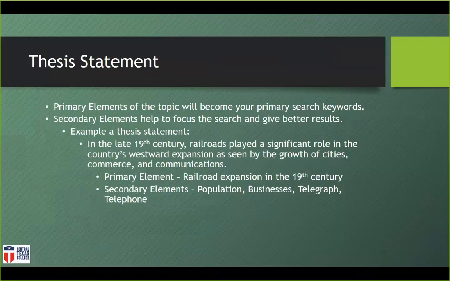In the late 19th century, railroads played a significant role in the country's westward expansion as seen by the growth of cities, commerce, and communications. The primary elements are railroad expansion in the 19th century. The secondary elements are population, businesses, telegraph and telephone, which are communications.